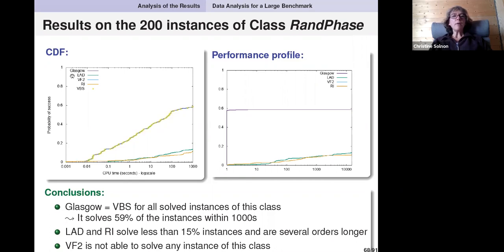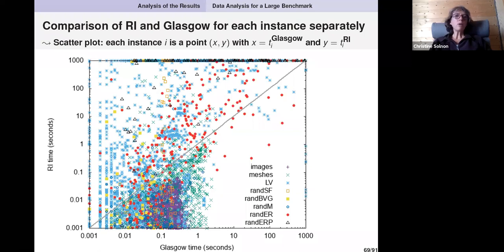Okay, now another thing that I can do to compare two solvers, because my conclusions are that Ri is very good for short CPU time limits and on some easy instances, whereas Glasgow is very good for longer time limits and hard instances. So if I want to compare just these two solvers, a good image is to plot a scatter plot.